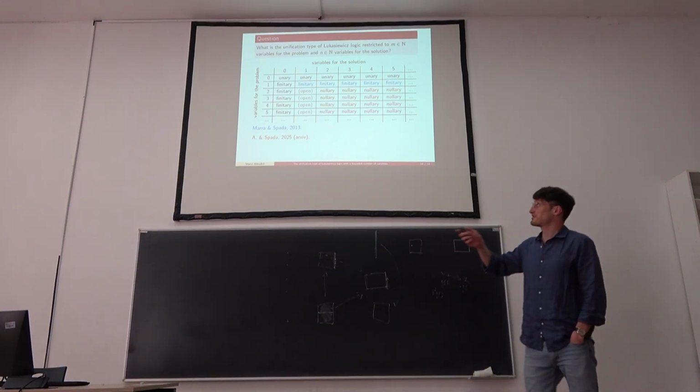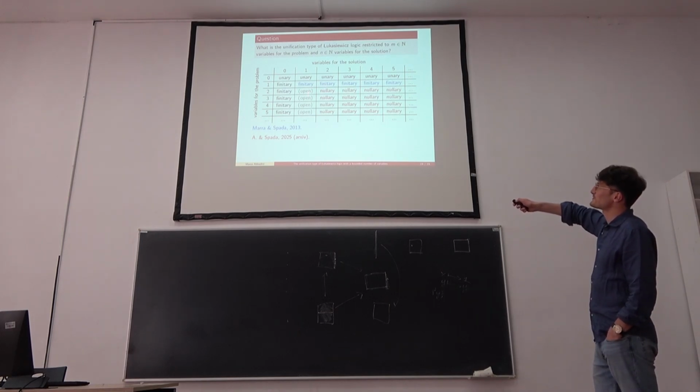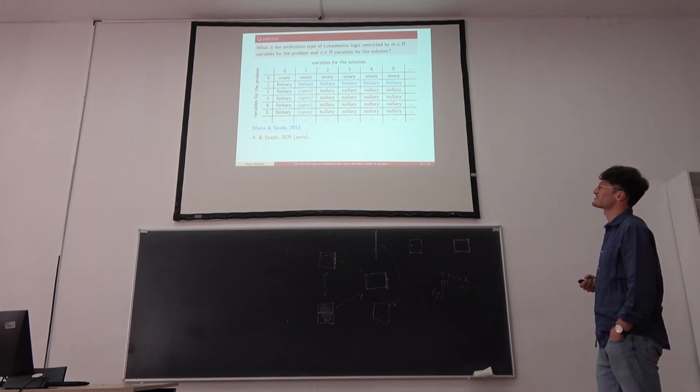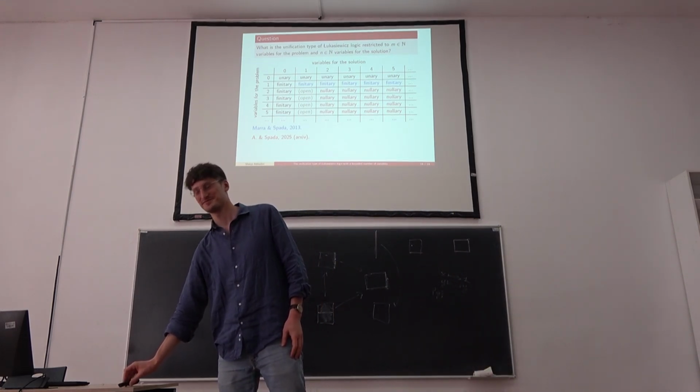Some cases were already known, finitary. I think if you come up with some idea how to solve this open problem, I will be very, very happy. Okay, thank you very much.